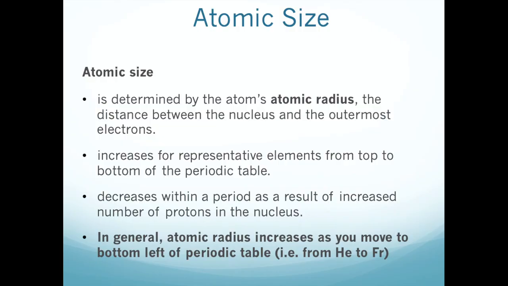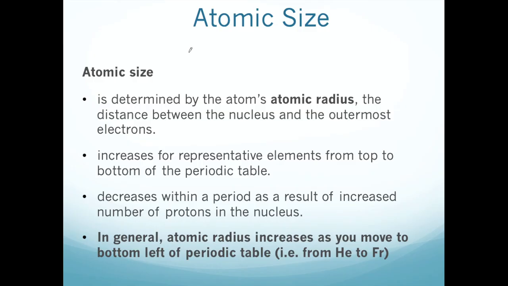So by atomic radius, or atomic size, we're looking at how atoms get bigger or smaller as we move around our periodic table. If we are going from top to bottom, how do atoms change in size? Well, as you're adding more and more shells of electrons, atoms get bigger and bigger.